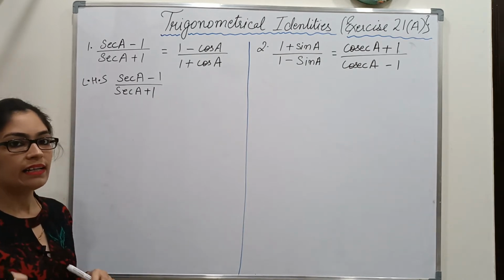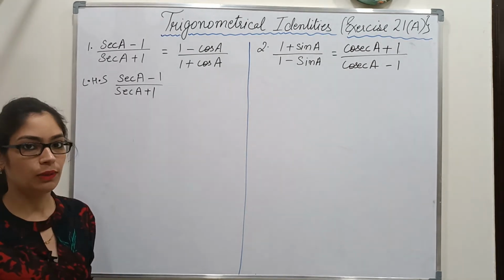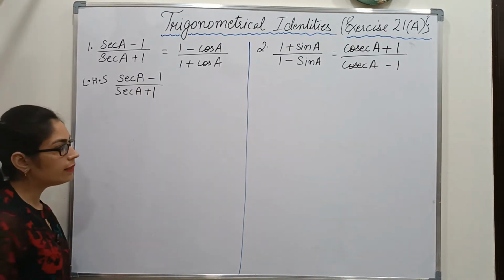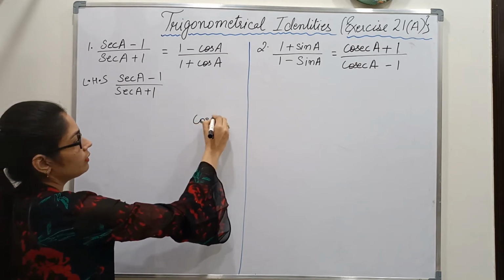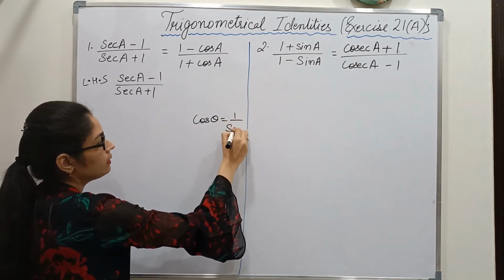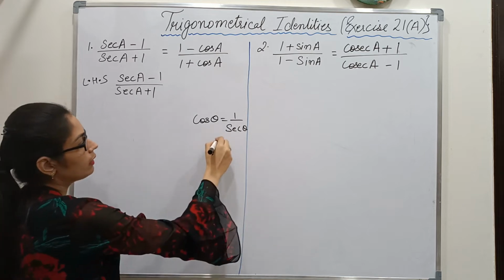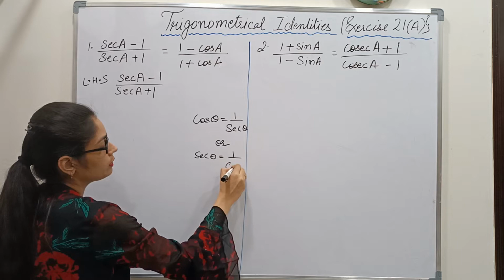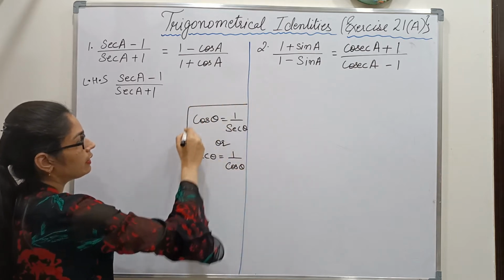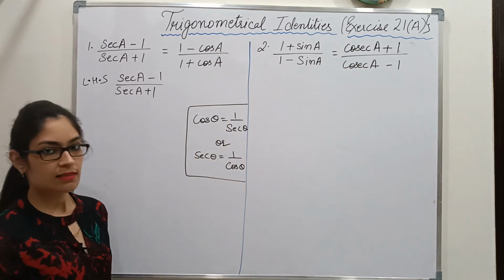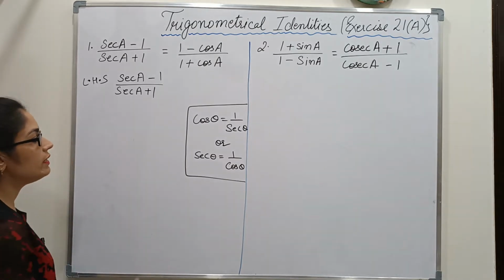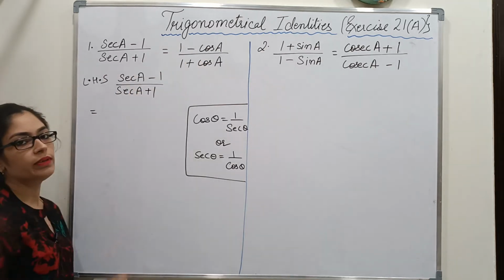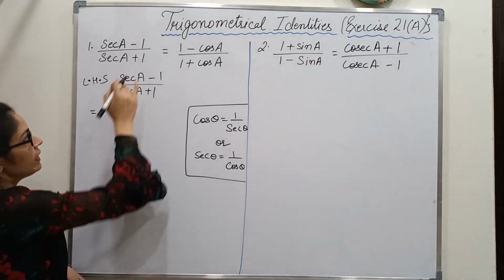See, first idea we will get from our left hand side only. In the reciprocal relations we have already learned that cos theta is equal to 1 by secant theta, or I can also say secant theta is equal to 1 by cos theta. So cos and secant, they are reciprocal of each other. Because we need to prove it equal to cos, let's change it to cos.